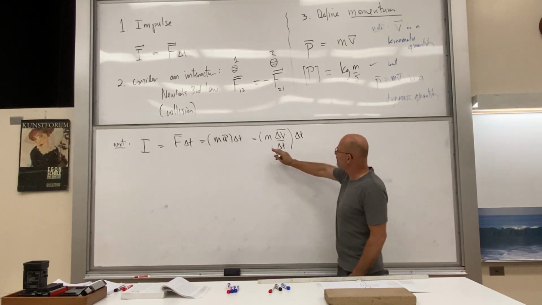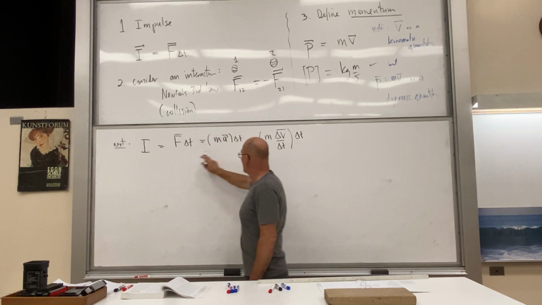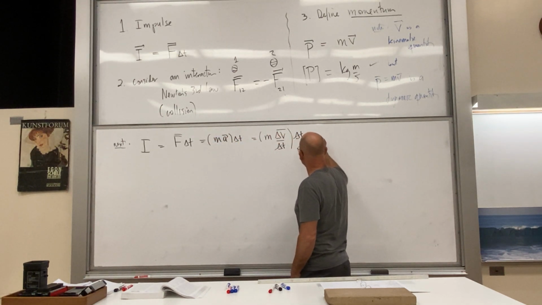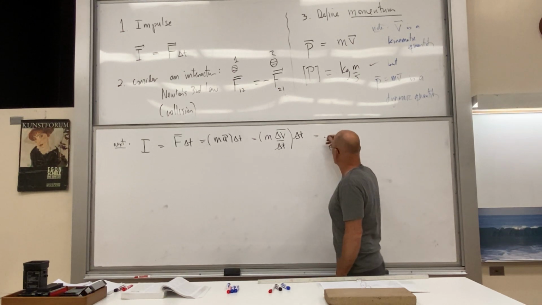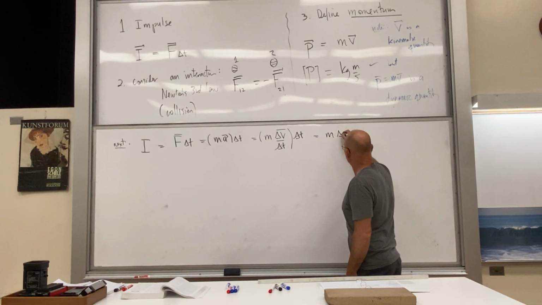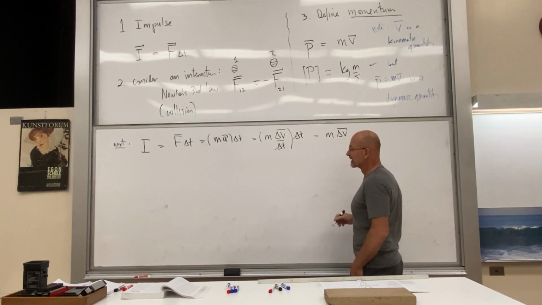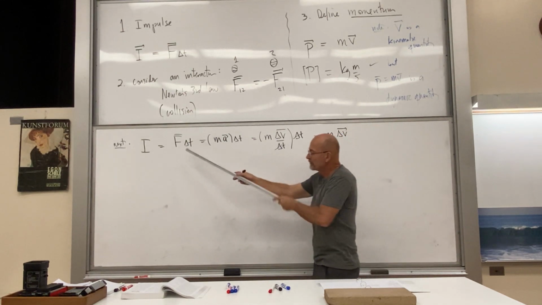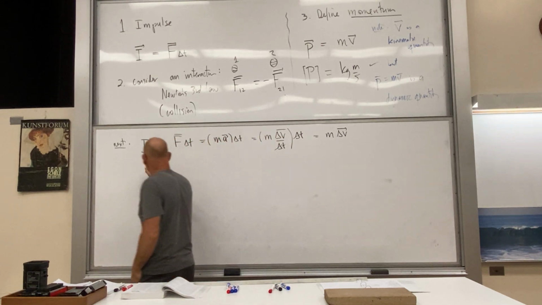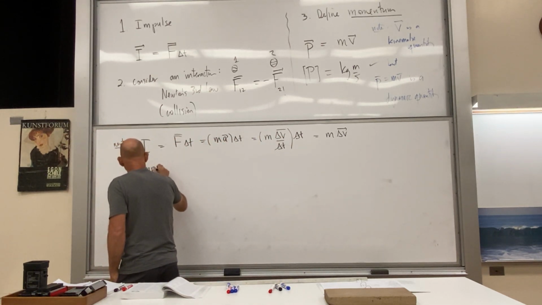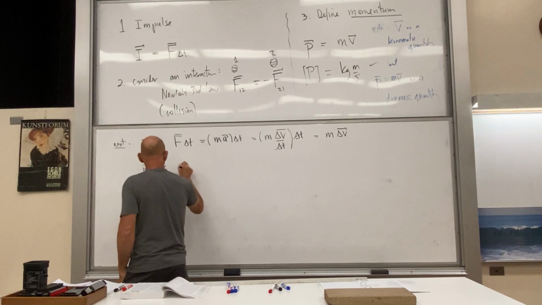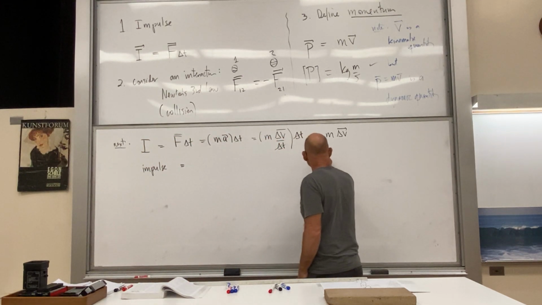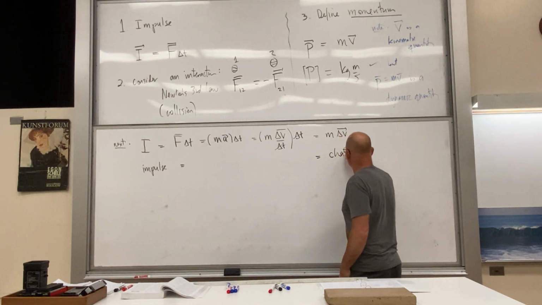And you'll see the impulse, I can cancel these delta t's. So this is m delta v. But mv is momentum, so we can say impulse equals the change of momentum.